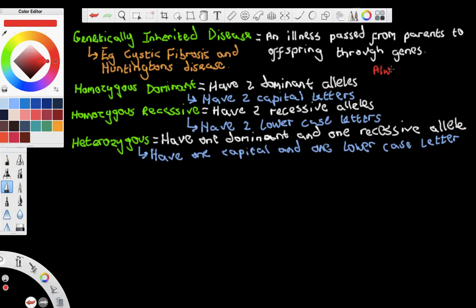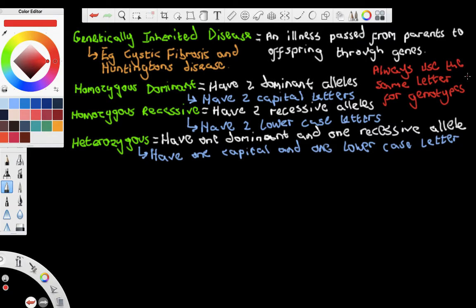Always use the same letter for genotypes. Don't use two different letters. If you're not sure what a genotype is, you need to go back and have a look at the previous lesson.